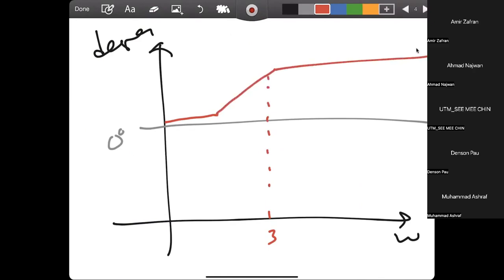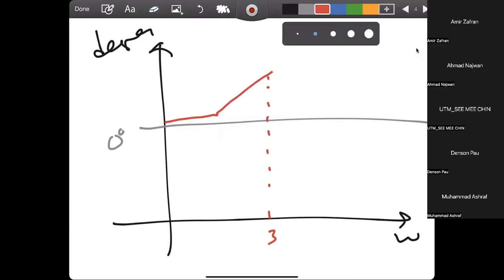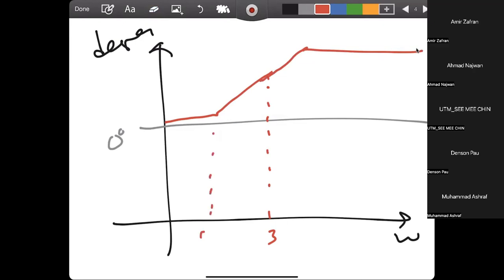This one is 3, so this one is 45 degrees.